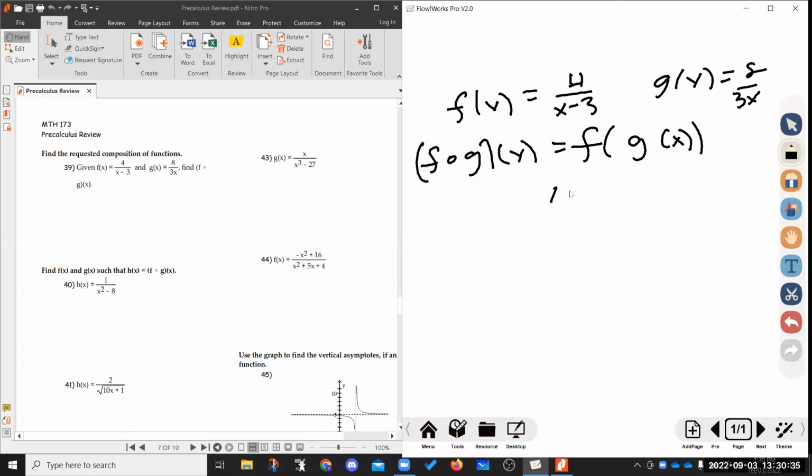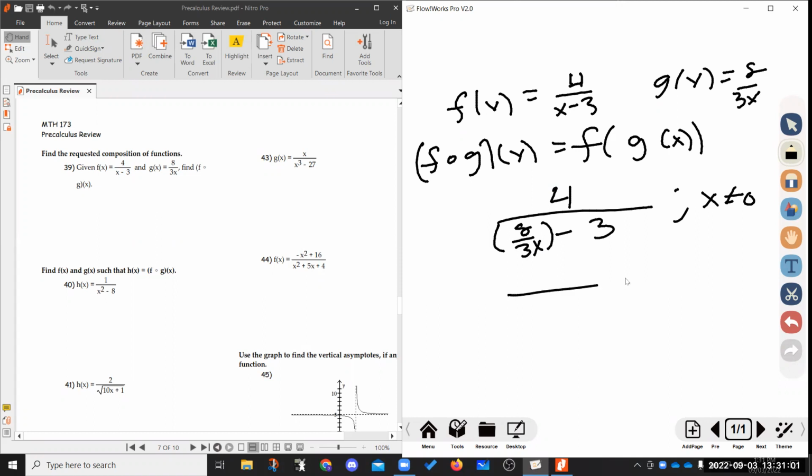So I write down f, I'm going to leave a space for the input, and the input is going to be g. Now we're going to simplify that. We need to pay attention to the fact that x can't be equal to 0 because that's the domain of g. So we may be changing the form of this, so we need to keep that original domain.